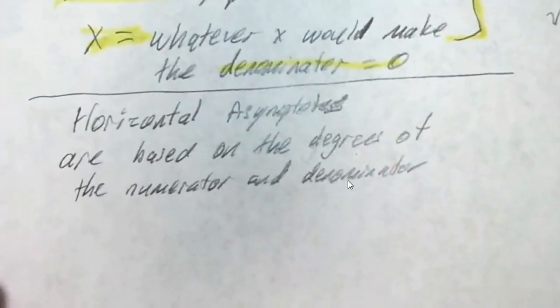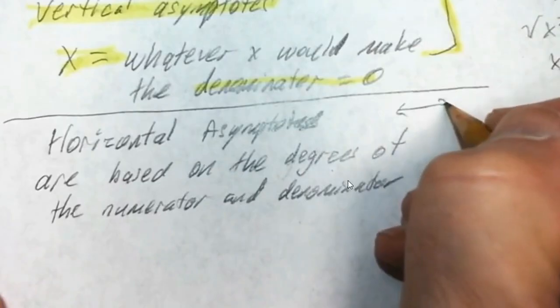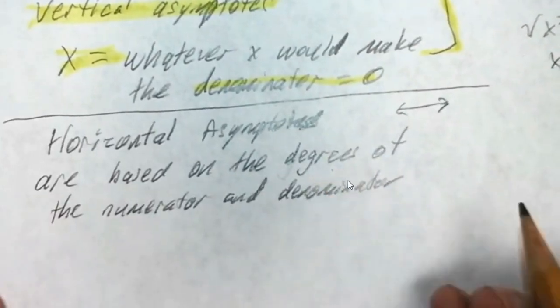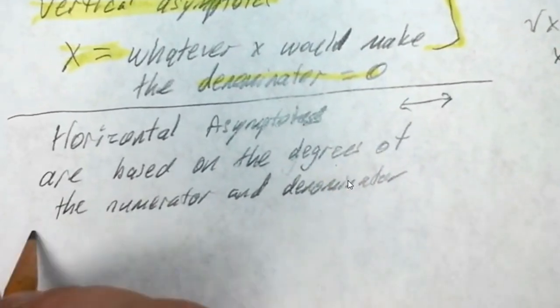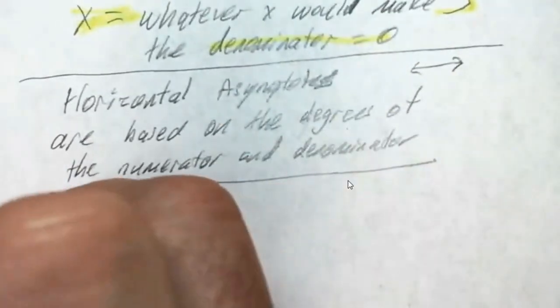Okay, so the horizontal asymptote, that's this direction, are based on the degrees of the numerator and denominator.